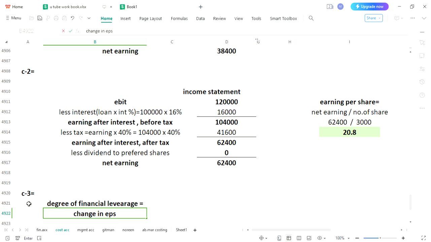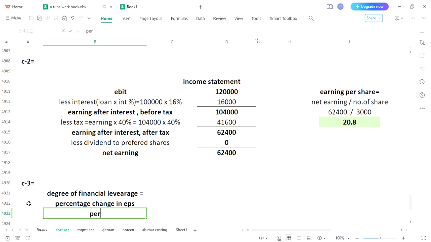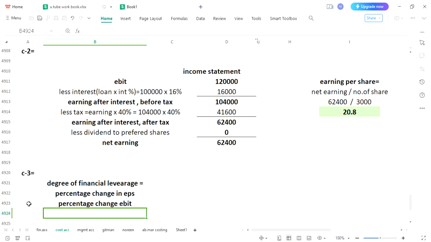The better word was percentage change, and we missed it once again. Percentage change in EPS divided by percentage change in EBIT. So this would be the formula used for the degree of financial leverage.